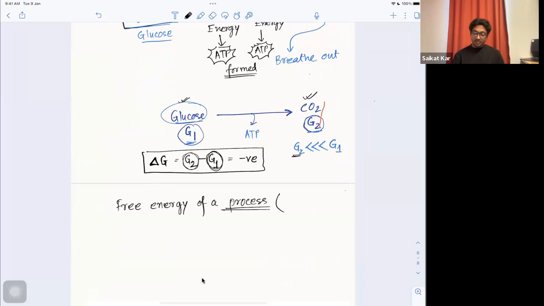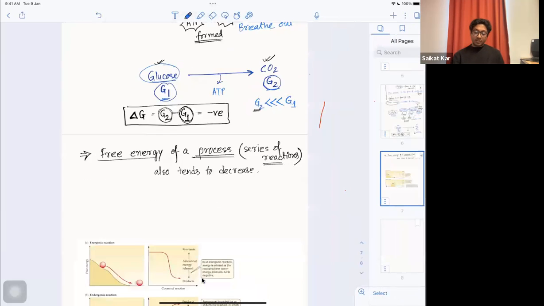Process means actually a series of reactions, like glycolysis. There are a lot of reactions. Krebs cycle, there are a lot of reactions.